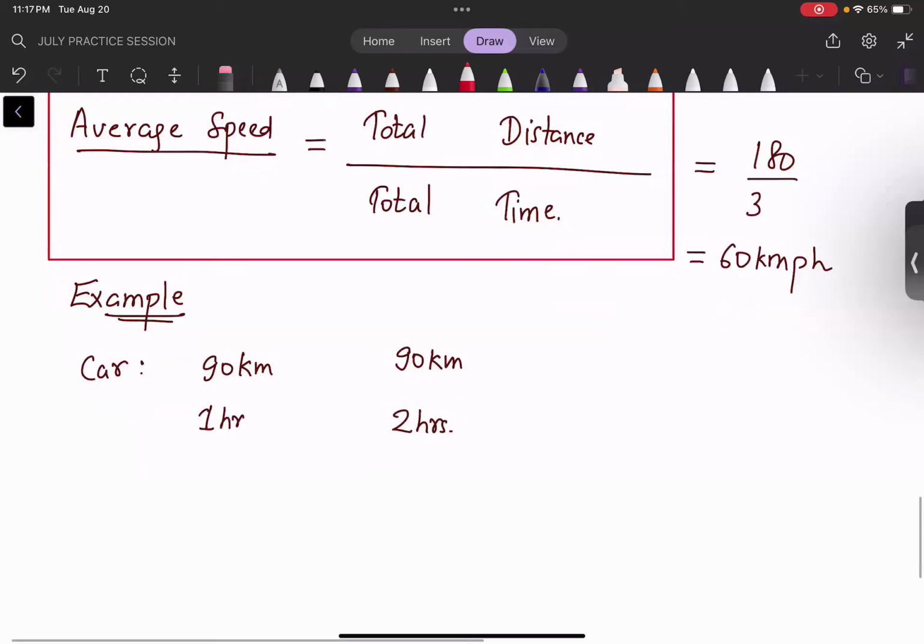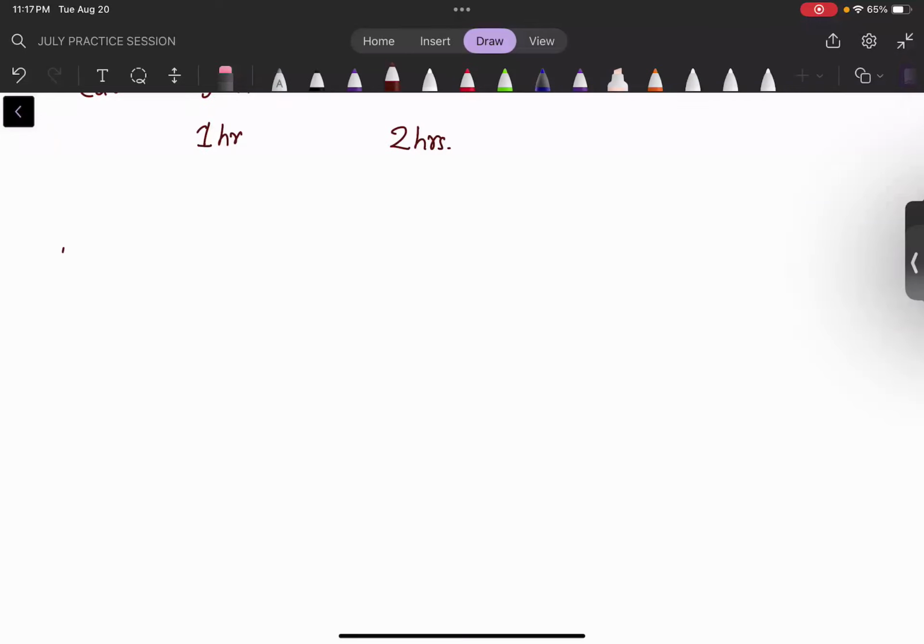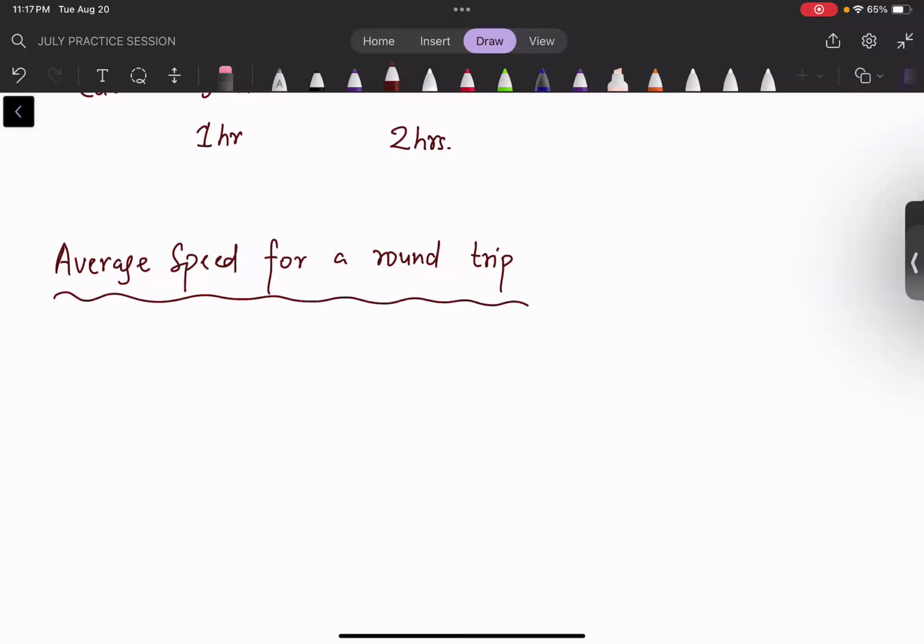But there is one more formula which is for a specific case. So average speed for a round trip. So round trip, that means you are going somewhere, you are returning back also.